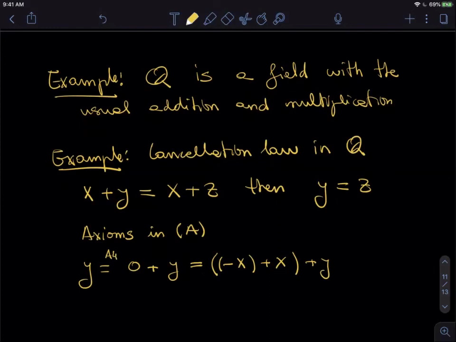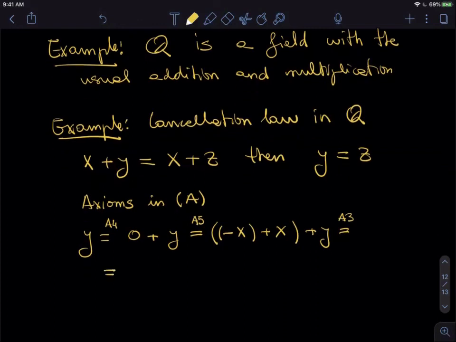The inverse of x plus x equals 0, that's A5. Okay. Here you notice we have 3 elements and we have a parenthesis, so we can use the associative. So it's A3. So this is going to be negative x plus y. Okay.